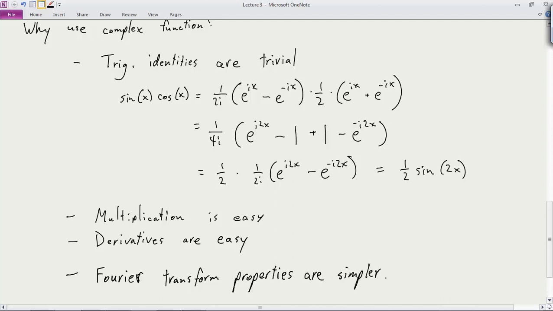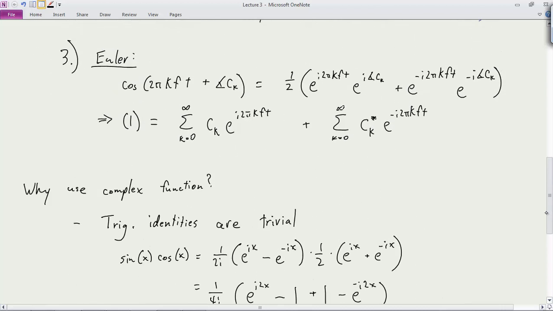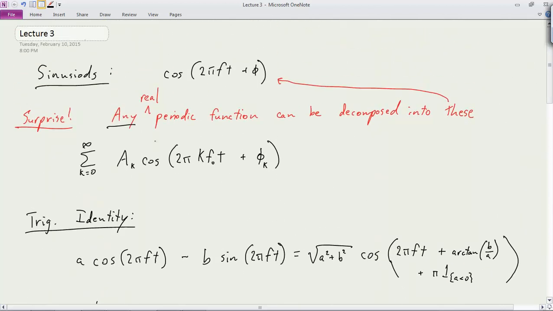So we could have just tried to work with sines and cosines and decompose. We could live in a world where we're trying to decompose a signal into a sum of cosines in this form. And then when we want to understand properties that we're going to be exploring throughout this course, it would be a little more like trigonometry. There would be stuff to remember, a lot of little pieces here and there that you have to remember because the bookkeeping gets complicated.